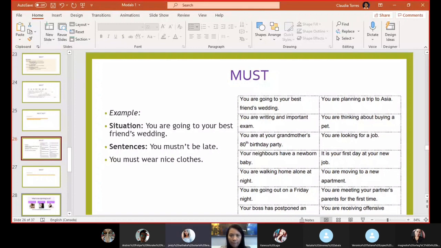For example, you must walk very fast. Yes, the scenario is for you.